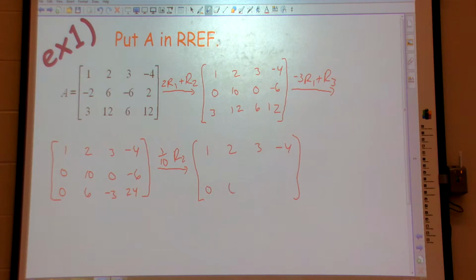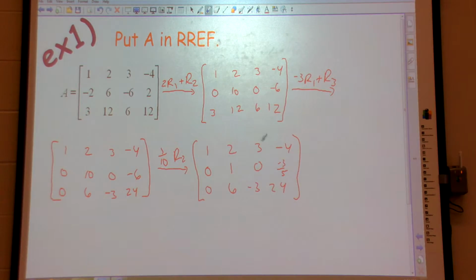Third row is the same. So this will be 0, 1, 0. And 6/10 is really -3/5. Correct? Like I said, you want to avoid those fractions as much as you can. But it may not always be possible.